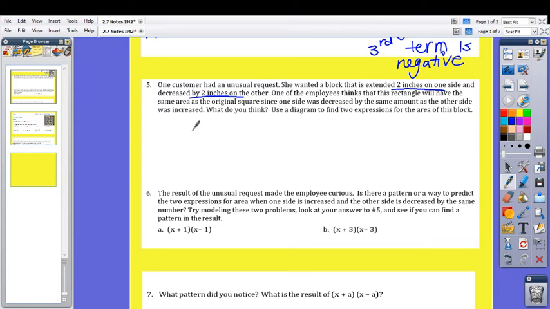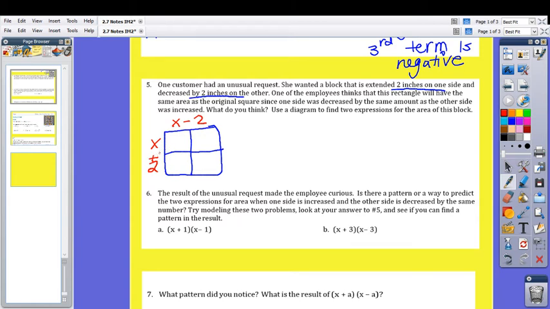So if we make the box for it, then you get x take away 2 and x add 2. What it is saying is you should be getting only x squared, just this one, because you are adding 2 inches on one side and taking away 2 inches on the other side.